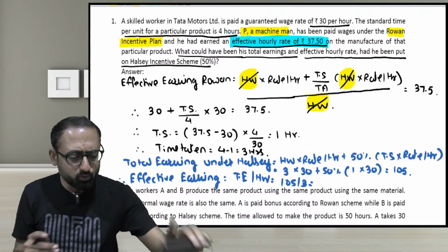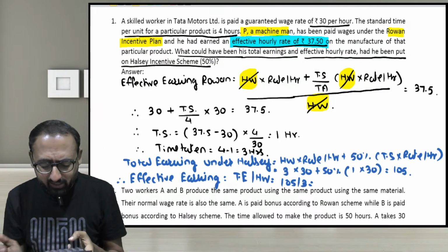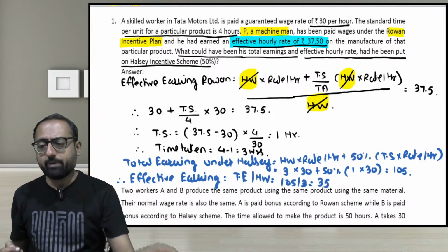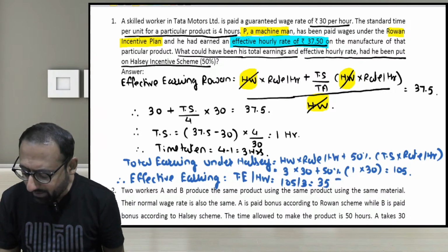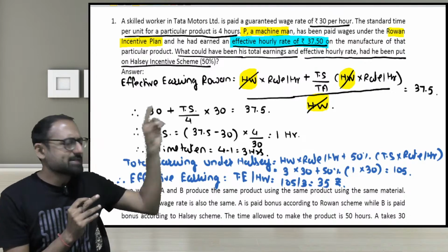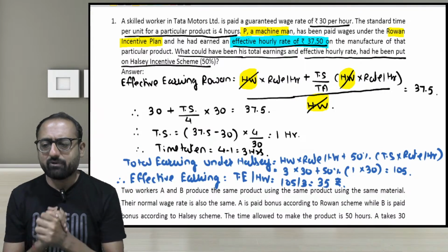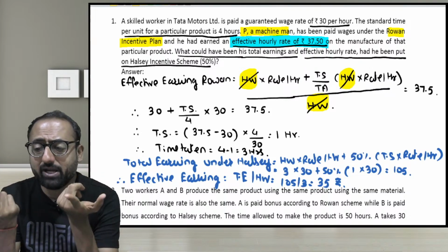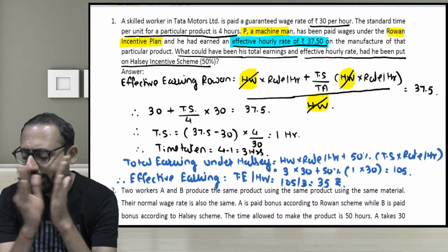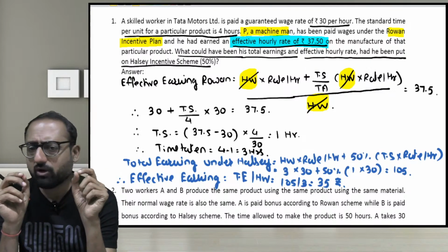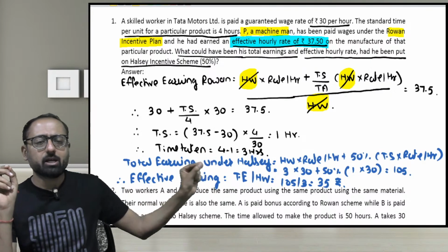So 105 divided by 3 is 35 rupees. 35 rupees is your effective earning under Halsey. Online students are answering. No, no, don't multiply. 105 will be divided by 3. What is the formula for effective earning? Total earning divided by hours worked.